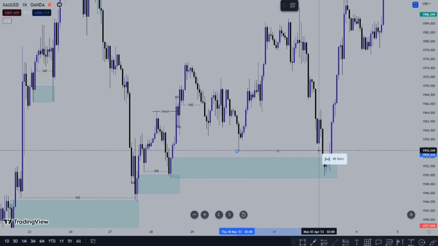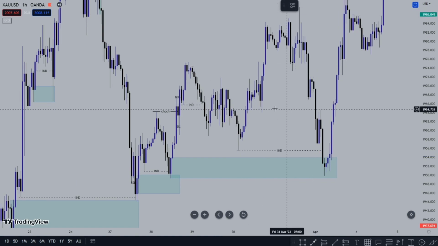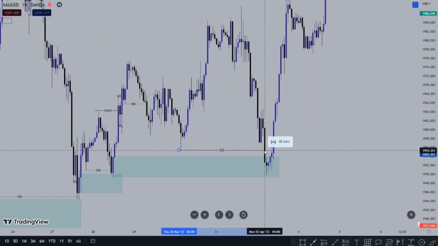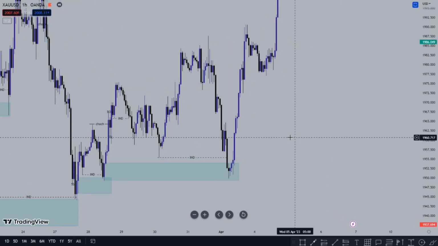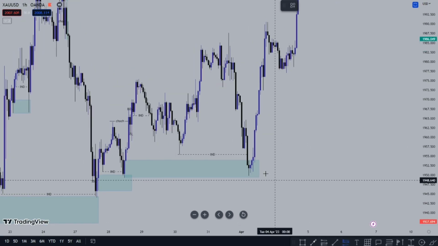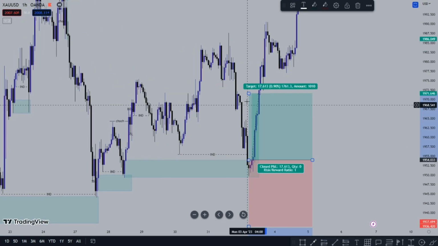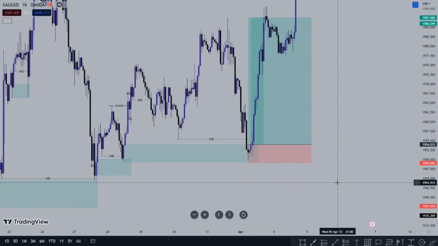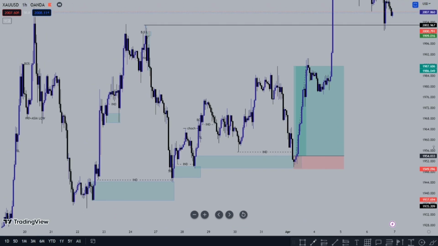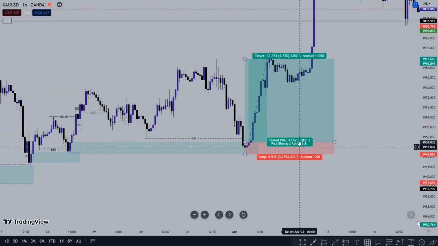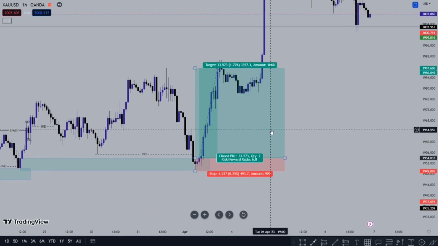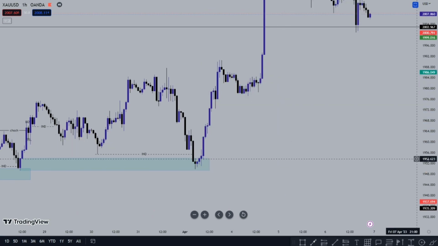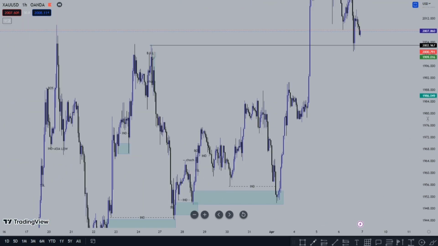We have proper inducement above it, price reacted fine, and we can go long here. I actually shared this momentum, and it's a nice trade. This is like 300 pips.